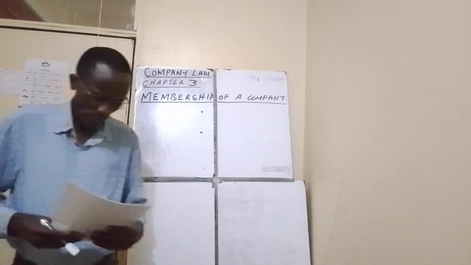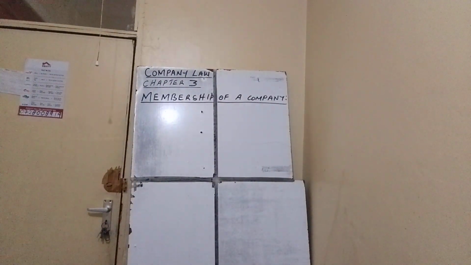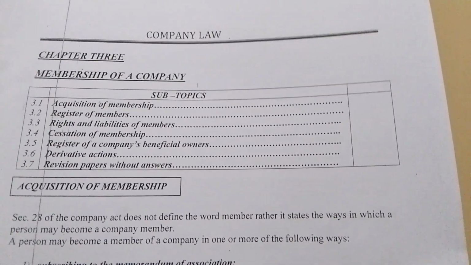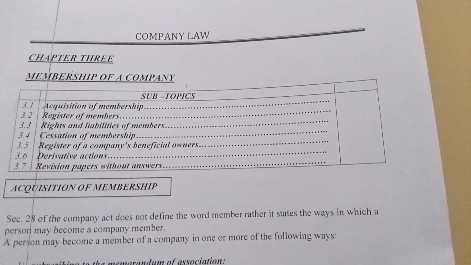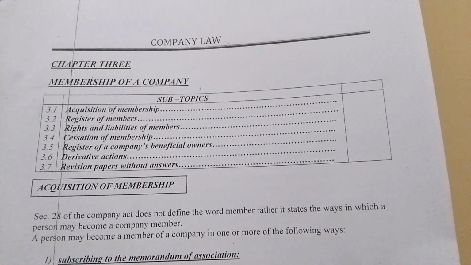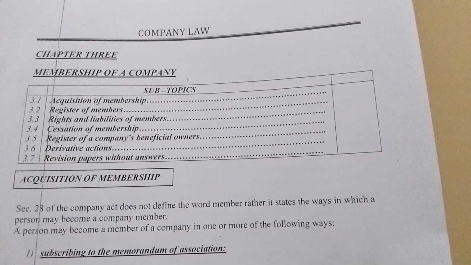Now, before we move on, allow me to show you what is expected of you as far as chapter 3 of company law is concerned. Company law chapter 3 is about membership of a company.